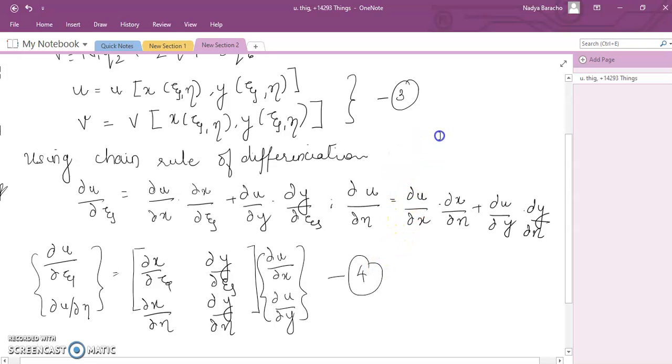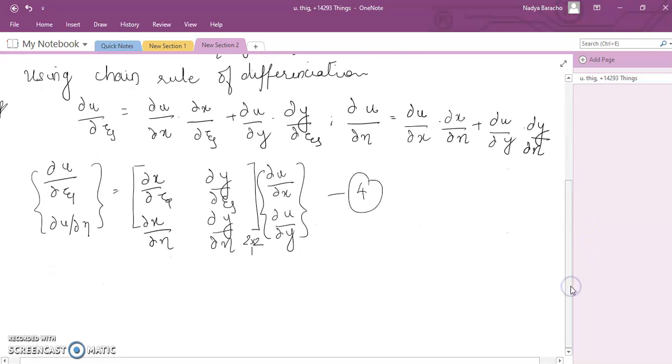I know that this is a 2 by 2 matrix, and we call this the Jacobian of transformation.